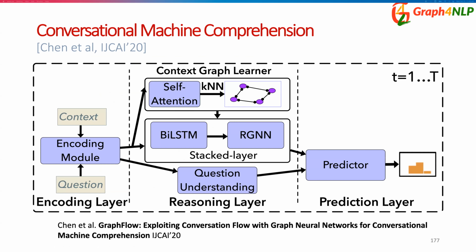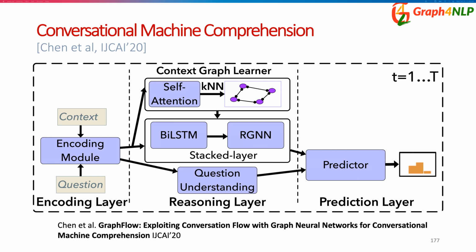This is the architecture of the proposed framework, which consists of an encoding layer, a reasoning layer, and a prediction layer. I'm not going to go into a lot of detail for each of the layers, so let me focus on the reasoning layer, which is the most interesting part.